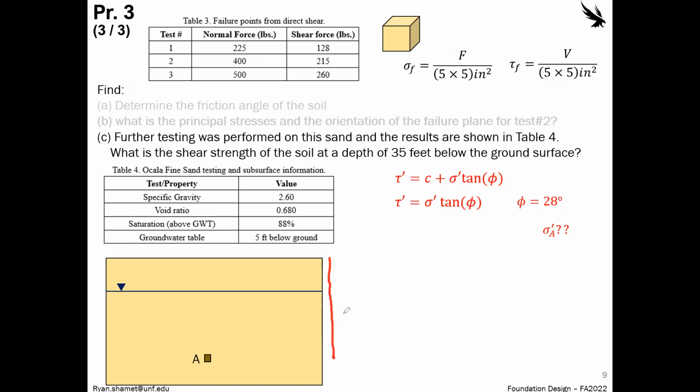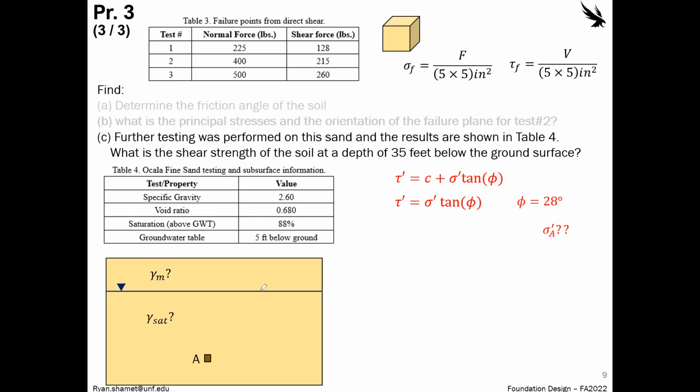So right here we have 35 feet. We're told that the groundwater table is 5 feet below the ground surface, which means there is 30 feet here. So what we need to do is find our moist unit weight above the groundwater table, since it is 88% saturated above the groundwater table.